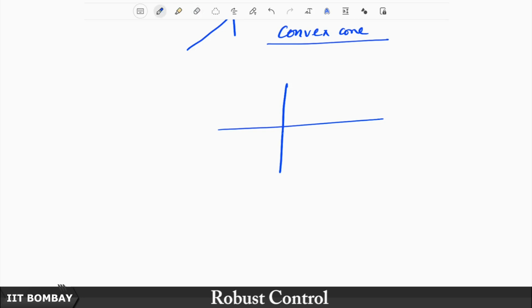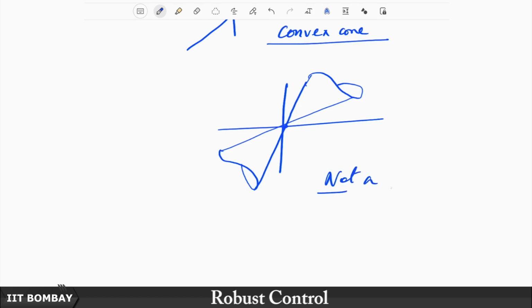So if I take this as my cone as a putative set, the question is, is this also a convex cone? It turns out that this is not a convex cone. Why is this not a convex cone?